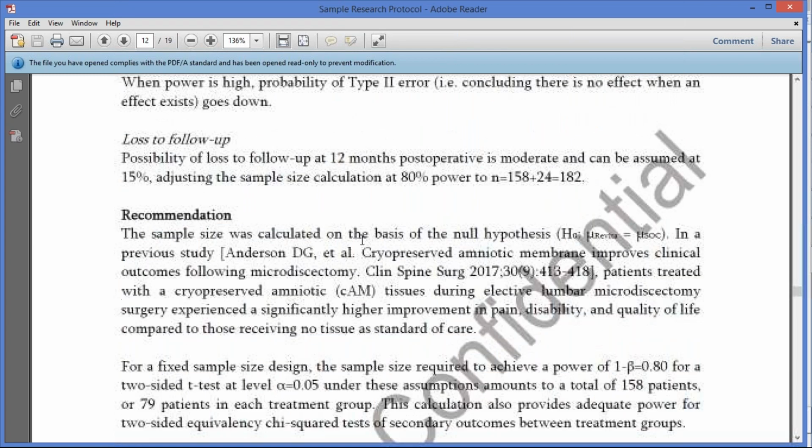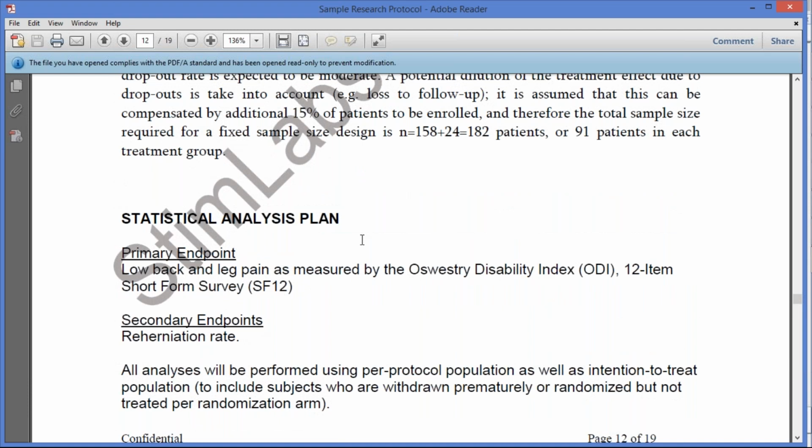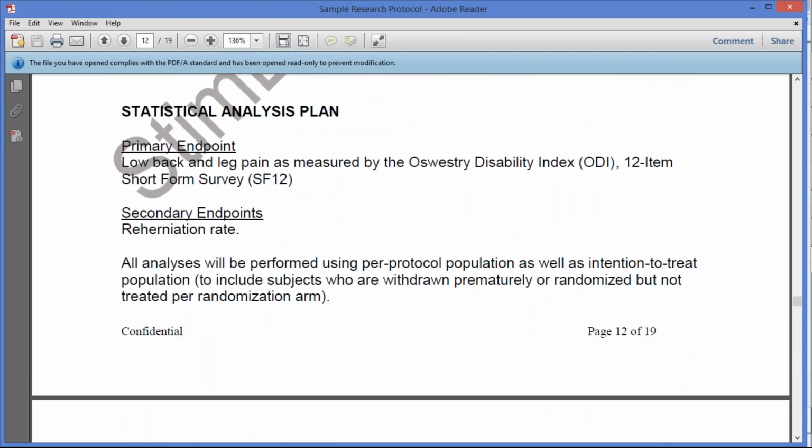The statistical analysis plan is explained here: endpoints, primary and secondary, and what type of people we include in the analysis, whether we analyze all dosed people, all randomized people, or all evaluable people.